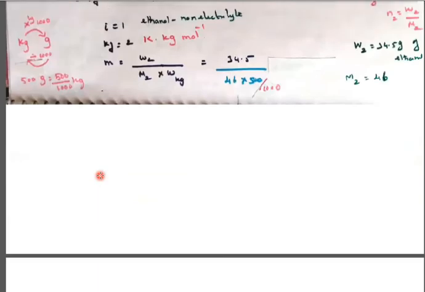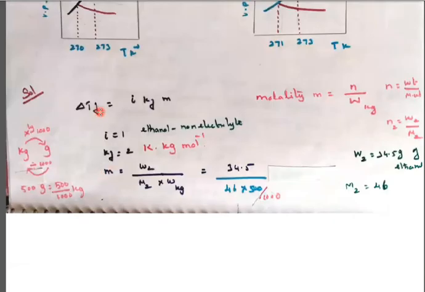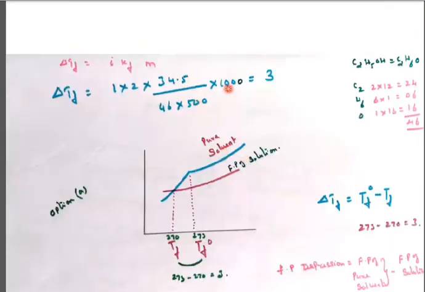Substituting all values, the depression in the freezing point ΔTf is equal to i Kf m. The i value is 1, the Kf value is 2 Kelvin kg per mole, given in the question, and the m value is this. Substituting all the values, that 1000 goes to the numerator. Multiplying all this, we get 3. ΔTf is equal to 3.